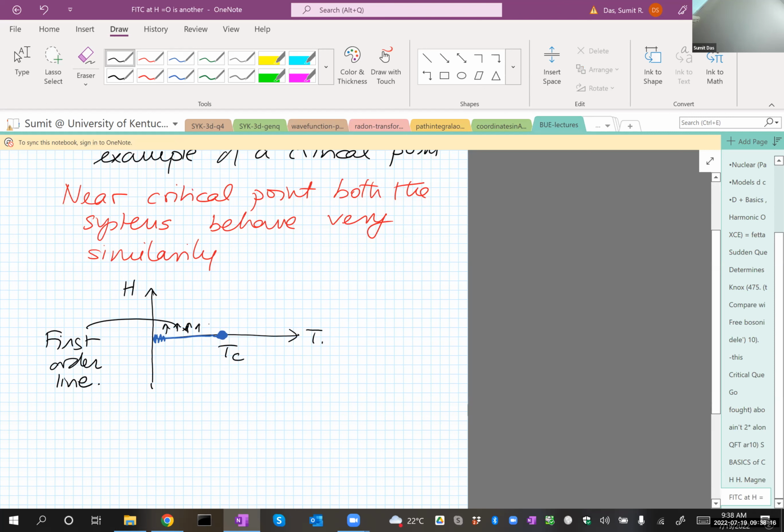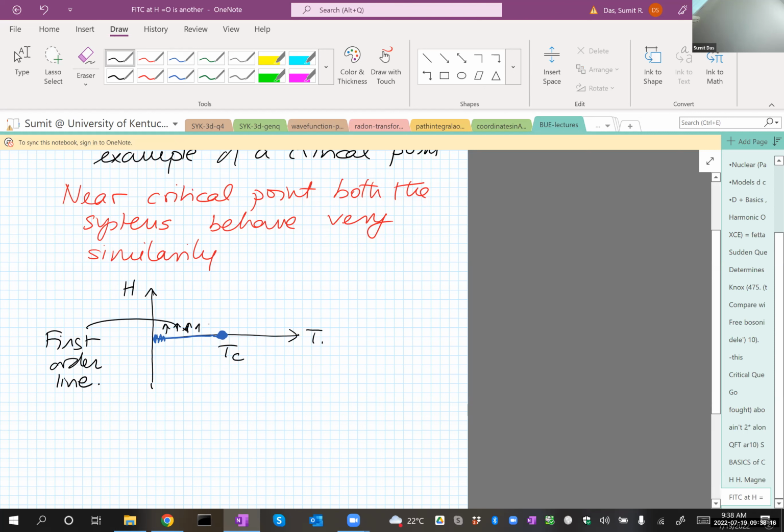If I compute the magnetization at zero field and draw this as a function of the temperature, what you find is a line which looks like this. This again is the Curie point.